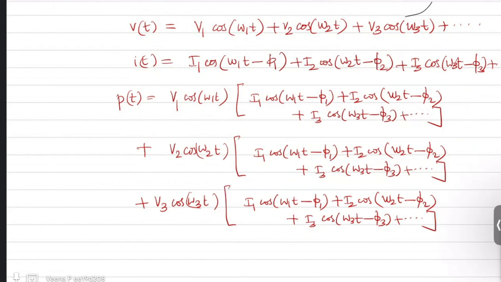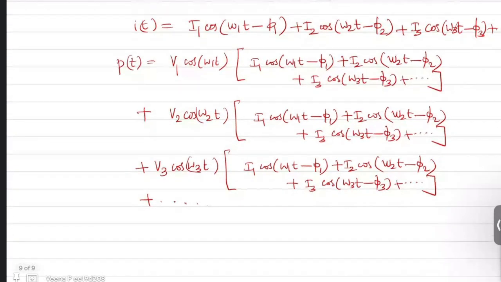So this will go on, plus V4 into the same thing. So this is your instantaneous power.